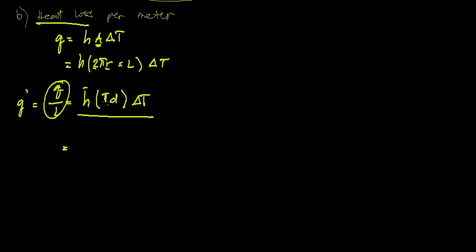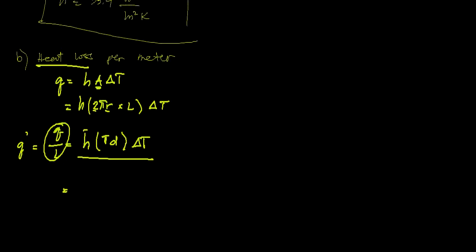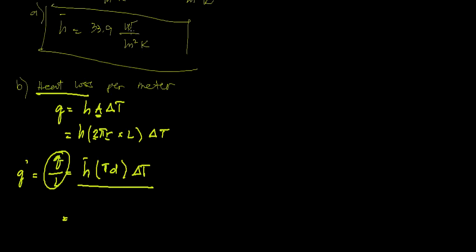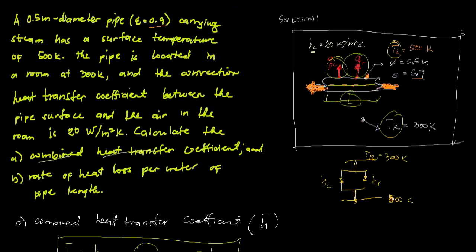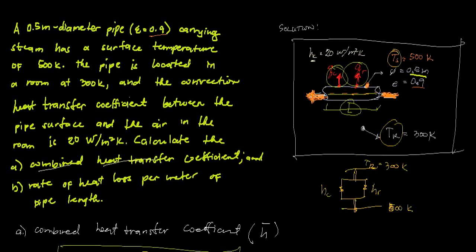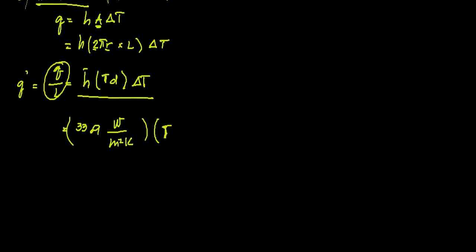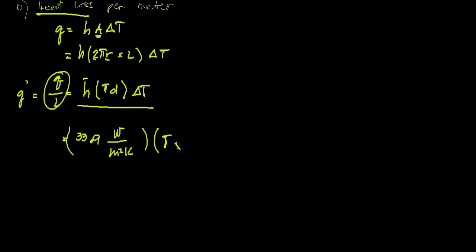Our H, the combined heat transfer coefficient, is already computed, which is equal to 33.9 watts per meter squared K, multiplied by pi. The diameter of the pipe is 0.5 meter.